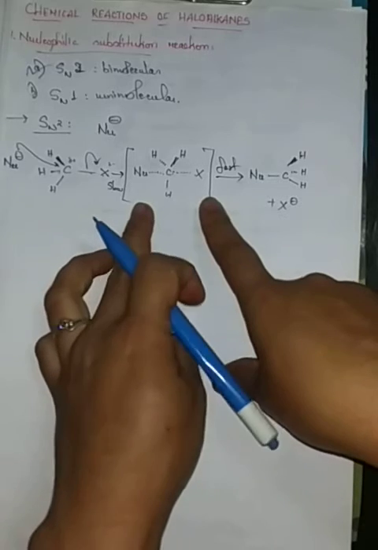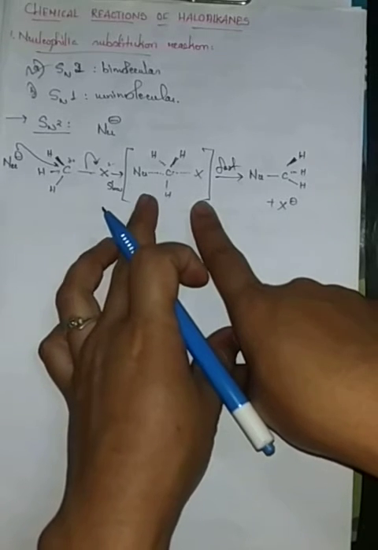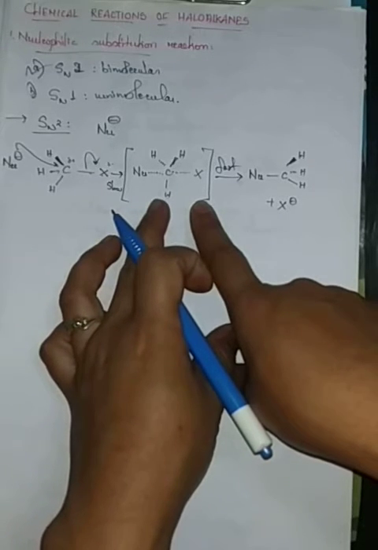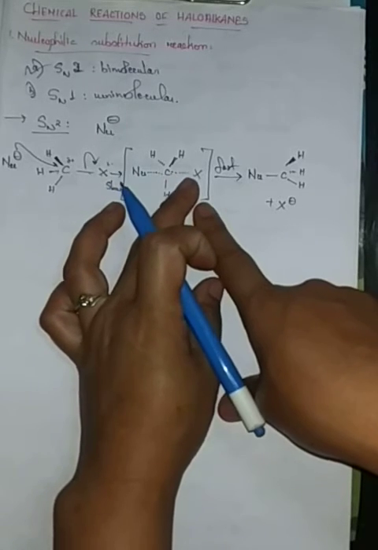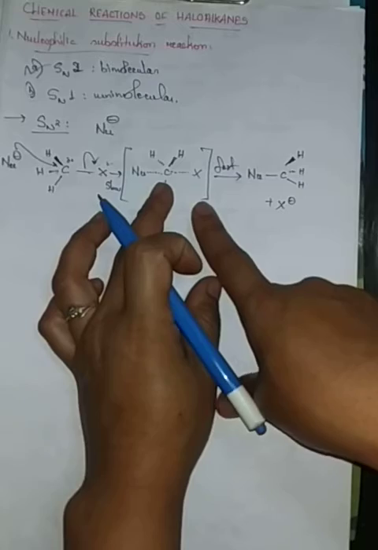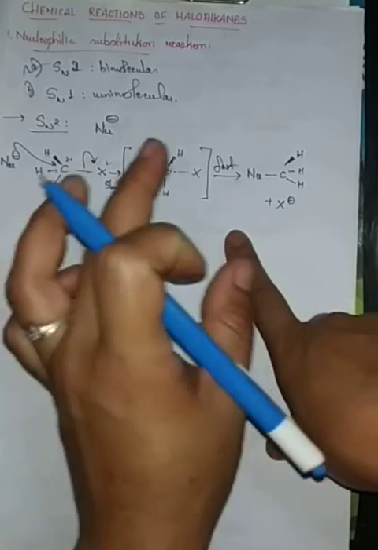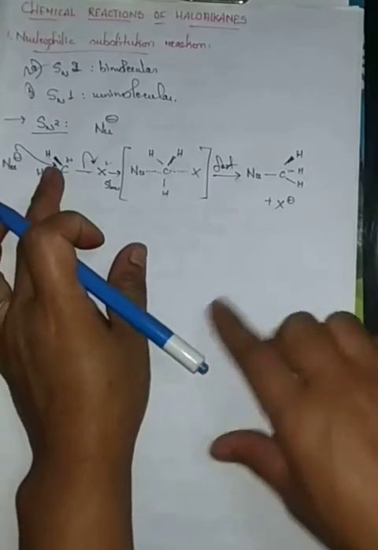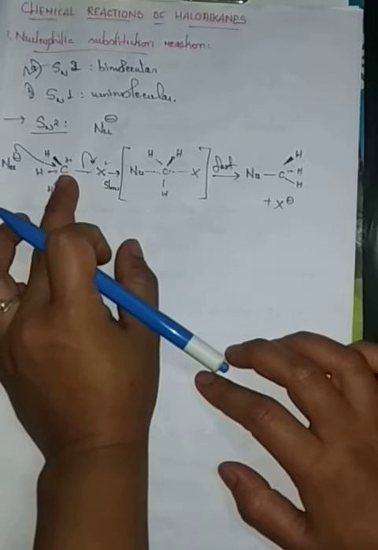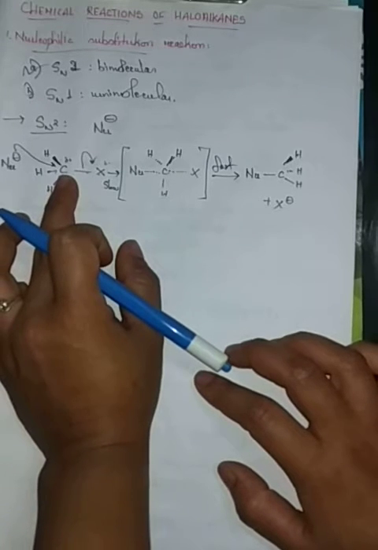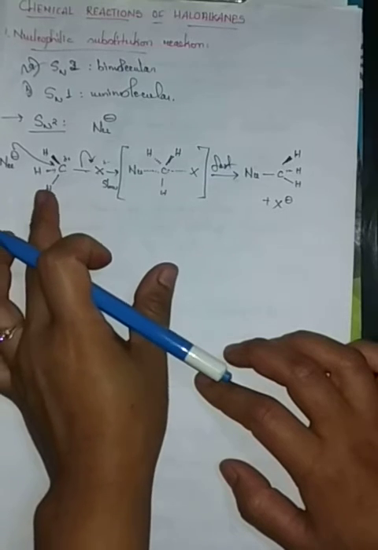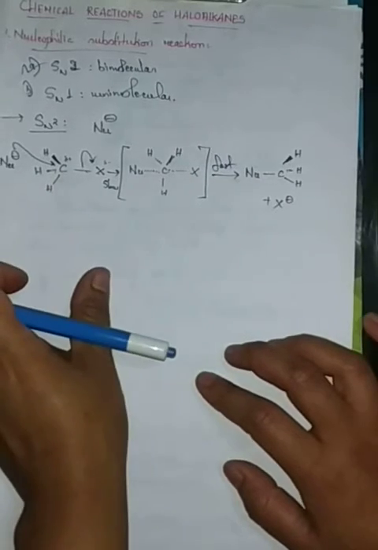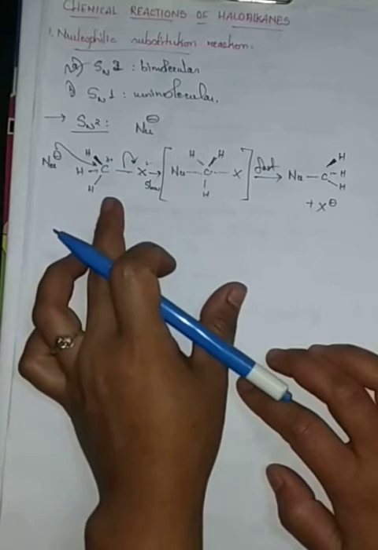Now, during the formation of this transition state, the nucleophile approaches the carbon atom bearing the leaving group. The nucleophile is attacking our partially positive carbon atom. Therefore, the presence of a bulky substituent on or near the carbon atom will slow down our reaction.